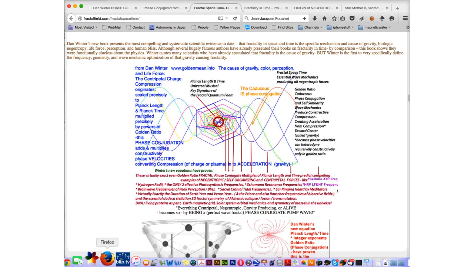Now that's a big, ambitious, bold and somewhat audacious statement, but let me see what I can do as an electrical engineer trying to be a physicist to defend it: that phase conjugation by golden ratio is the solution to what a fractal field is.